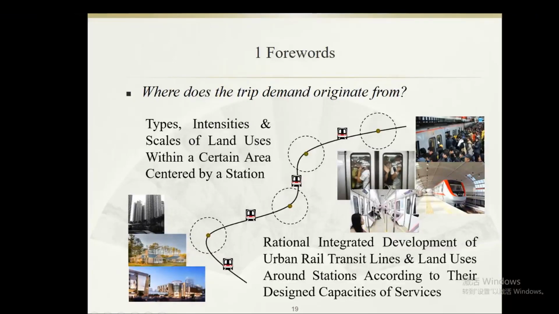For this and this, the scale of land uses around stations is too big, the intensities too high, and also not a suitable land use type. We need to avoid these two extreme cases for the land uses around each station. According to what? According to the capacity.